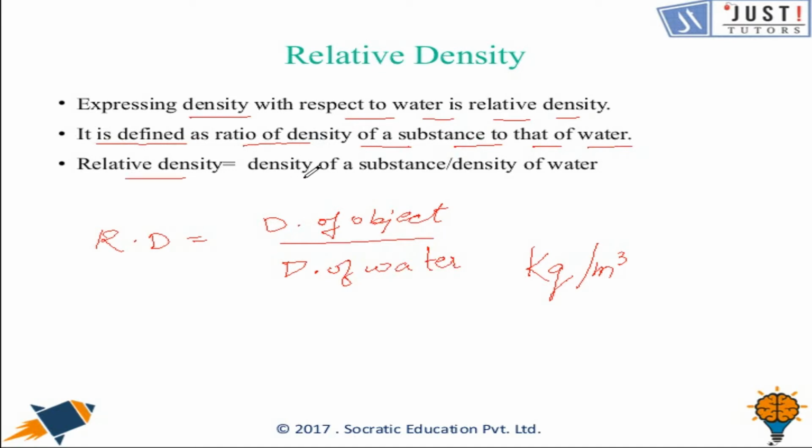As you can see here, relative density is the density of a substance or an object over density of water. And as it is a ratio, relative density has no unit. Remember that SI unit of density is kilogram per meter cube, but relative density has no unit.